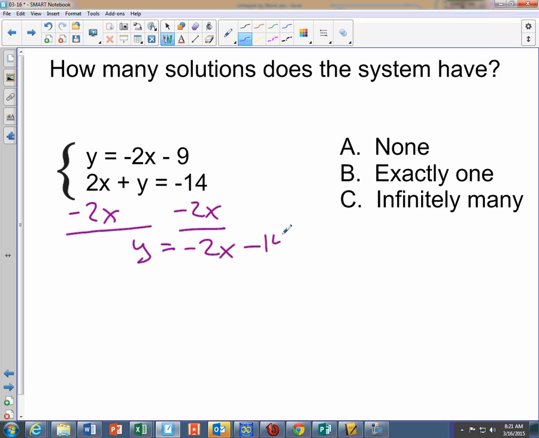Okay, so he subtracted 2x on both sides, got y equals negative 2x minus 14. Okay, so I like that. You rewrote the other one. So he wrote y equals negative 2x minus 9. And so how did you pick A, B, or C here?